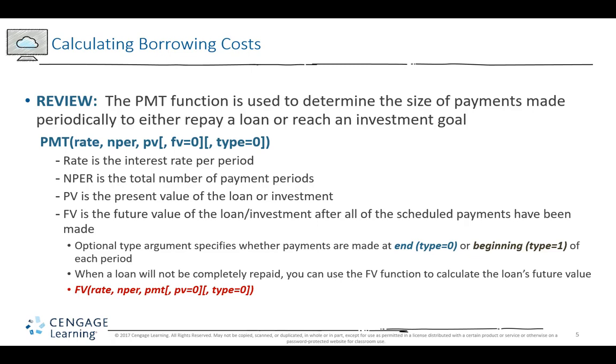And the cash flow will indicate the direction of money to and from an individual or a business account. So positive cash flow represents money that is coming to the individual or business. Negative cash flow represents money that is being spent or leaving the individual or business. If the loan is totally repaid, then the future value will be 0.